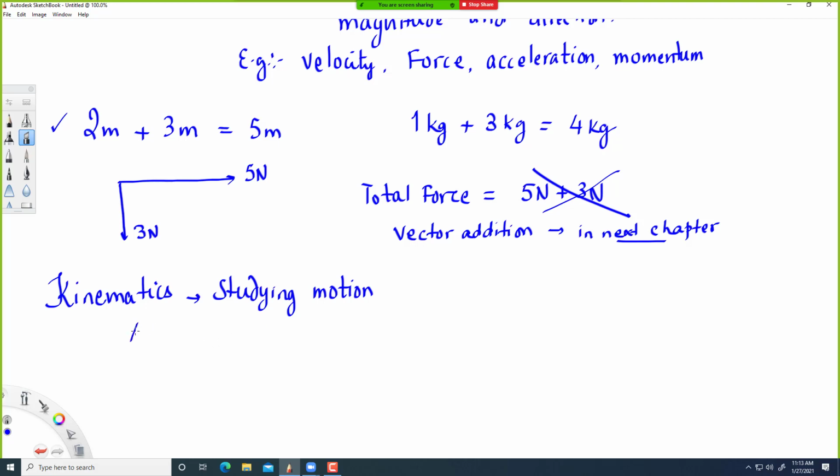The first one is displacement, delta x, which is x final minus x initial. The second quantity that we use is velocity. Third quantity we use is time.